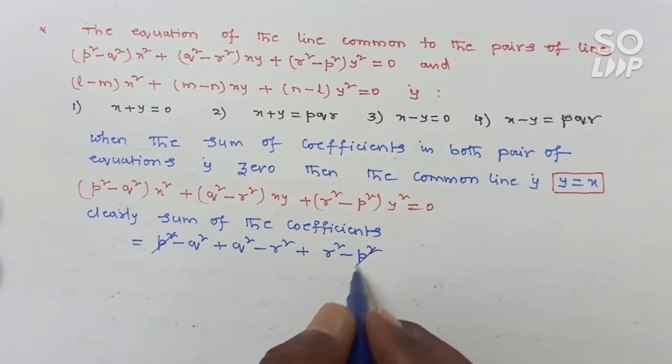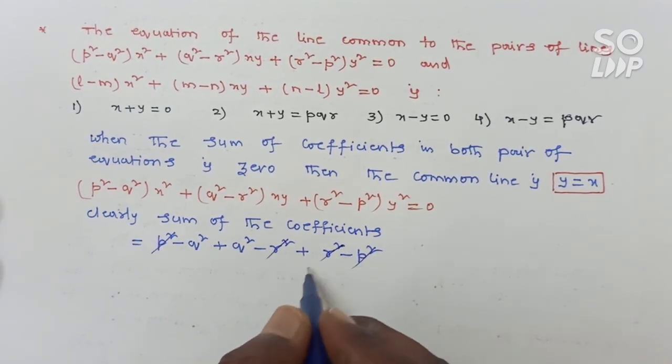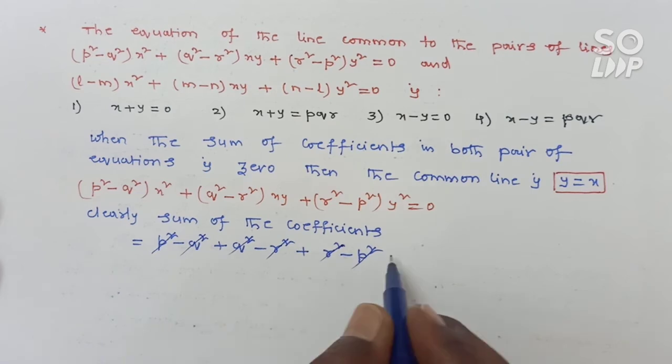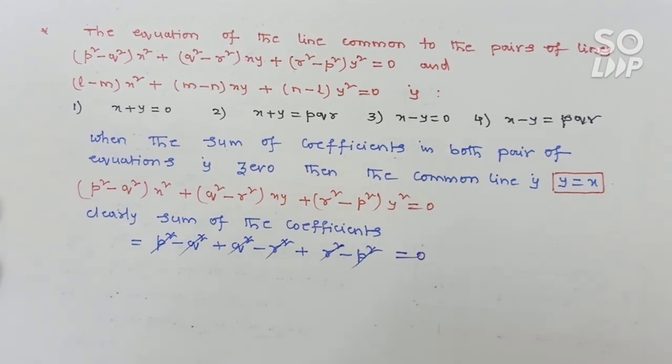P square minus P square, R square minus R square, Q square minus Q square. That will be equal to 0.